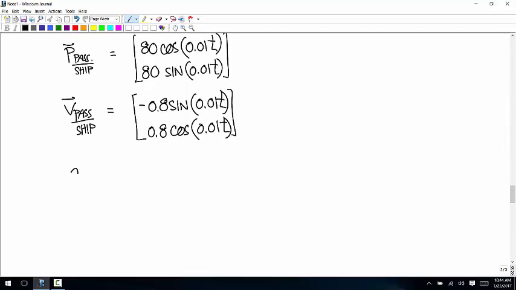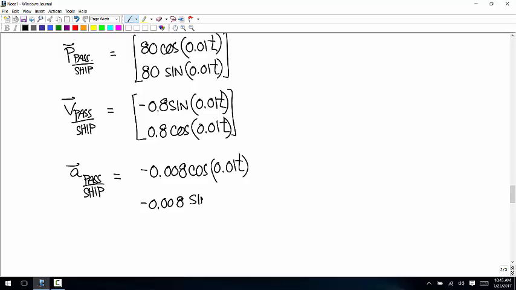And then we can get the acceleration of the passenger relative to the ship. Take the derivative again, and you get negative 0.008 cosine of 0.01 t, negative 0.008 times the sine of 0.01 t.